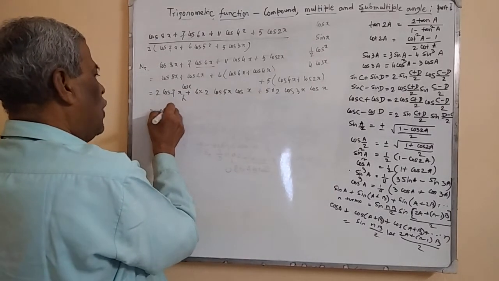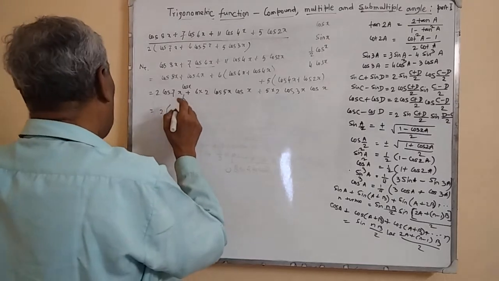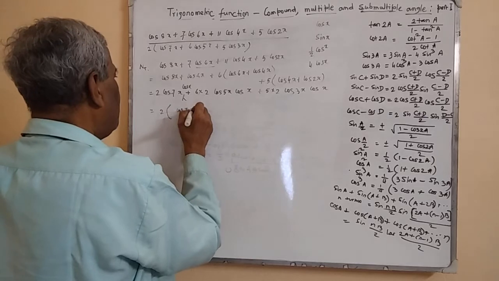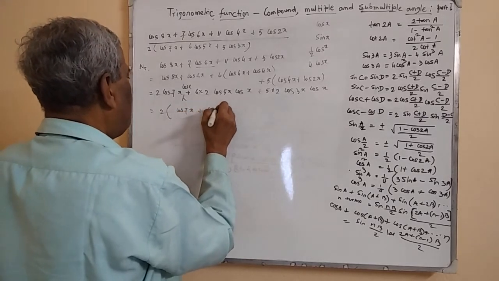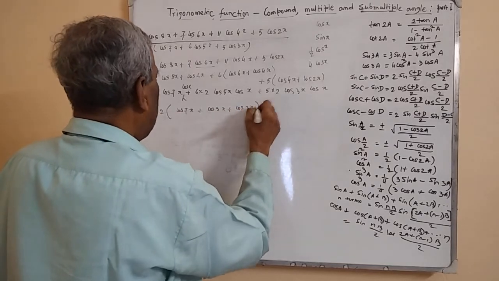So taking 2 and cos x common, we have 2 cos x into (cos 7x + 6 cos 5x + 5 cos 3x).